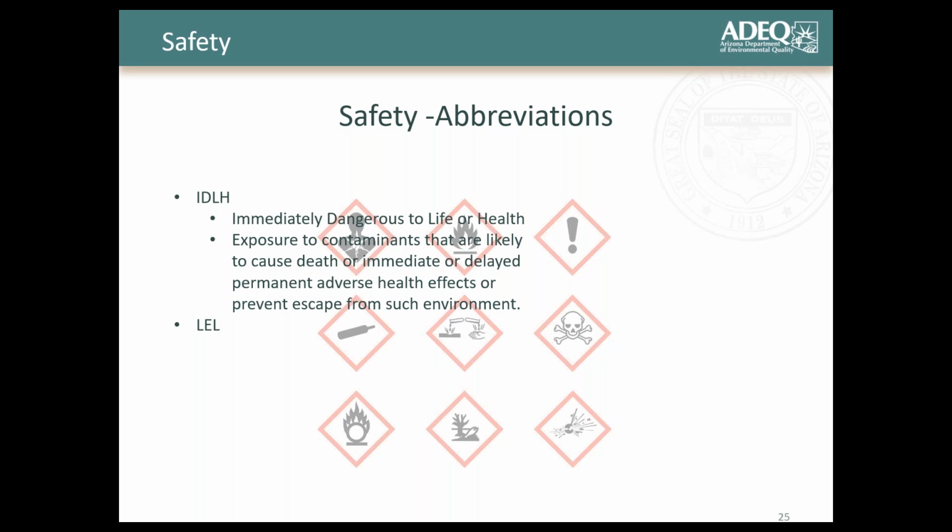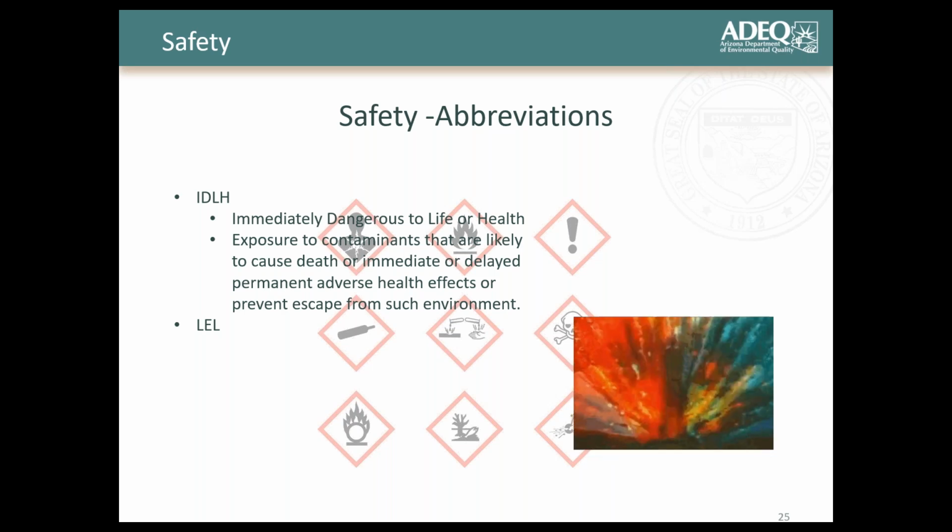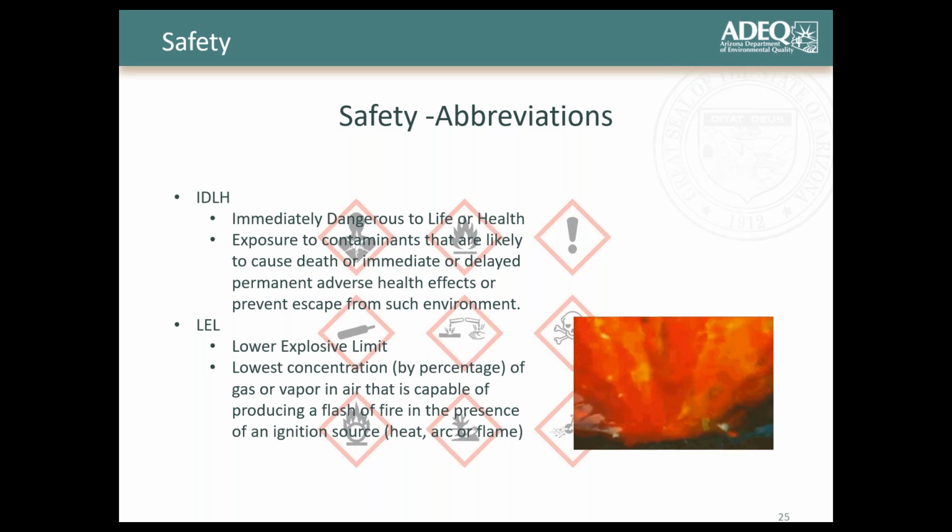Another abbreviation that you want to be aware of is LEL. LEL, of course, would be your lower explosive limit. So this is the lowest concentration by percentage of a gas or vapor that air is capable of producing a flash of fire in the presence of an ignition source, right?